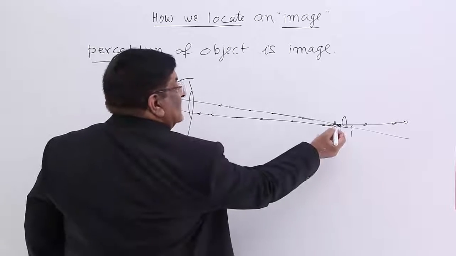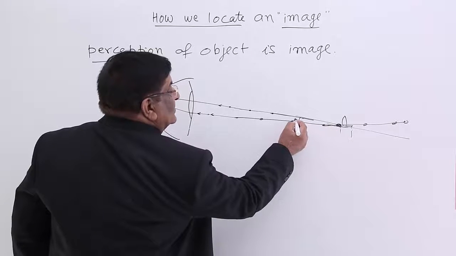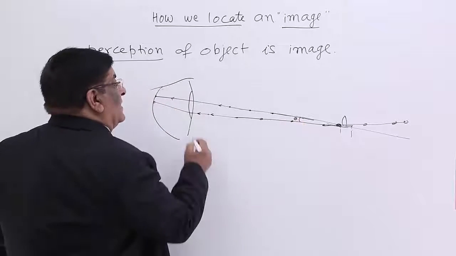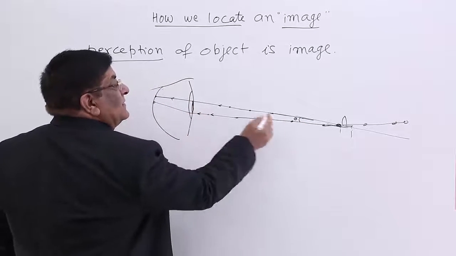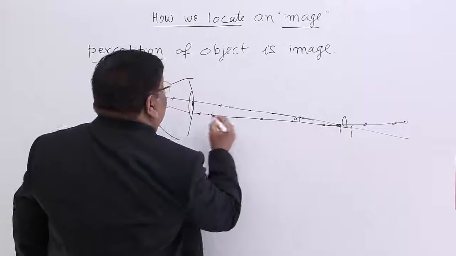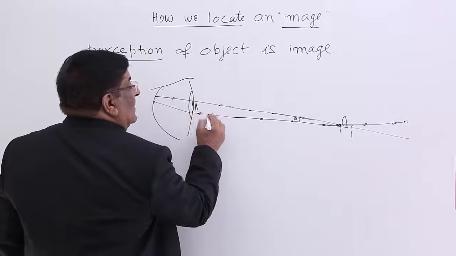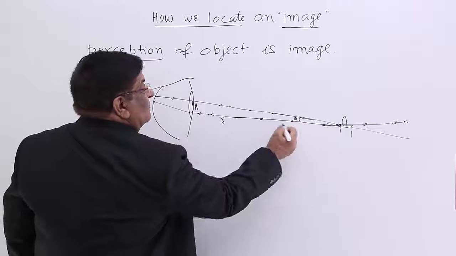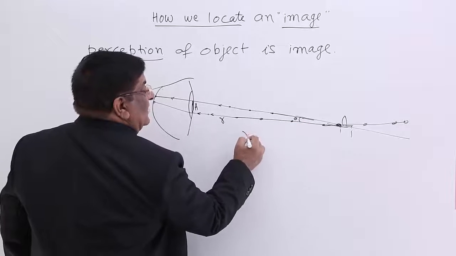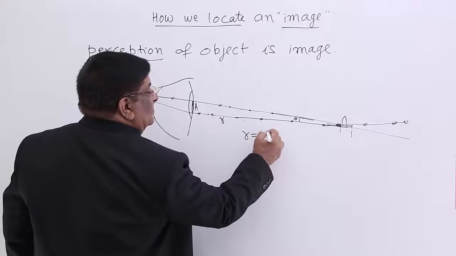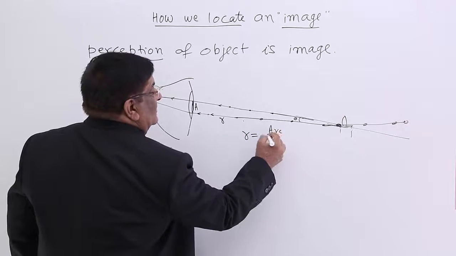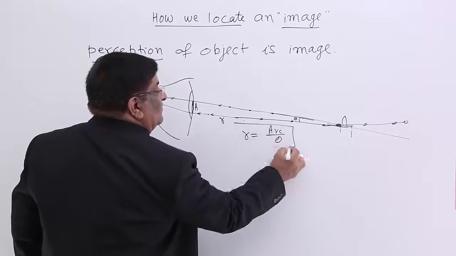And from this intersection, it calculates this angle, then makes certain mathematical calculations for this distance. We know that arc upon radius is equal to theta. So radius is equal to arc upon theta.